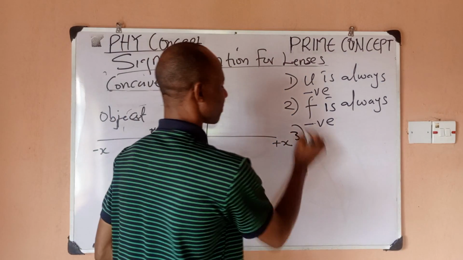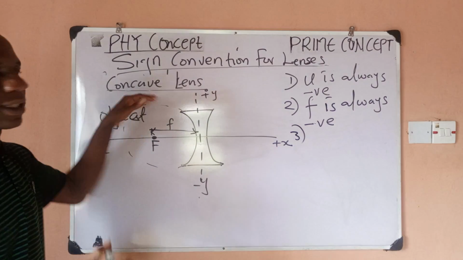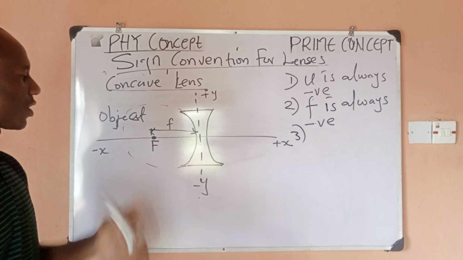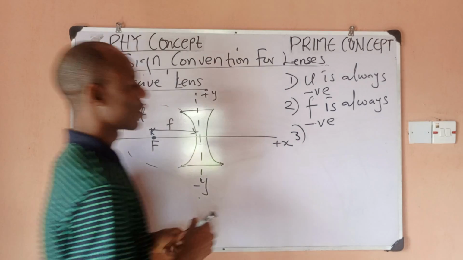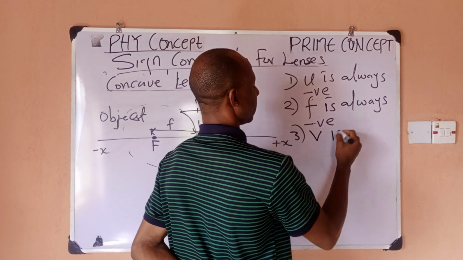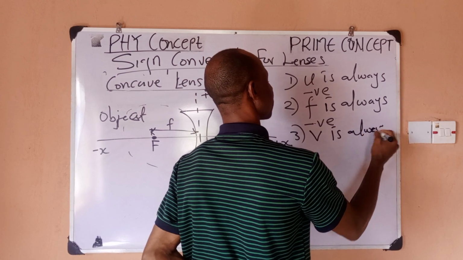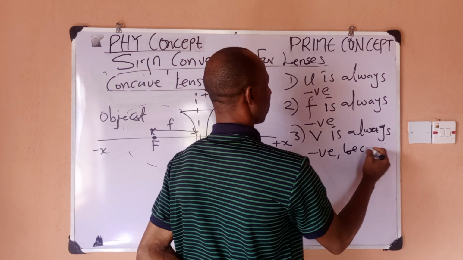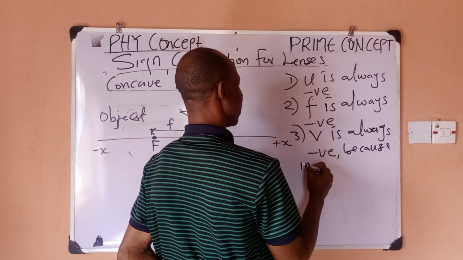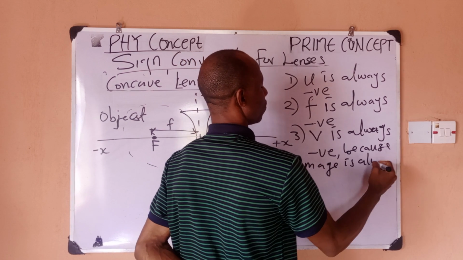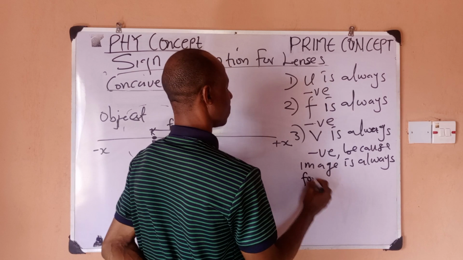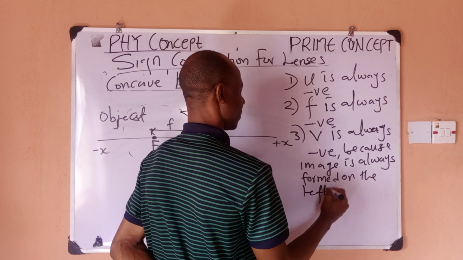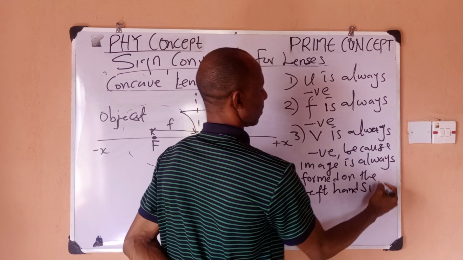Do well to stick these conventions in your heads. Now, number 3, and because we know that the concave lens gives only one position for our image, we can just summarize that by saying that for our concave lens, V is always negative, because the image is always formed on the left hand side, right?